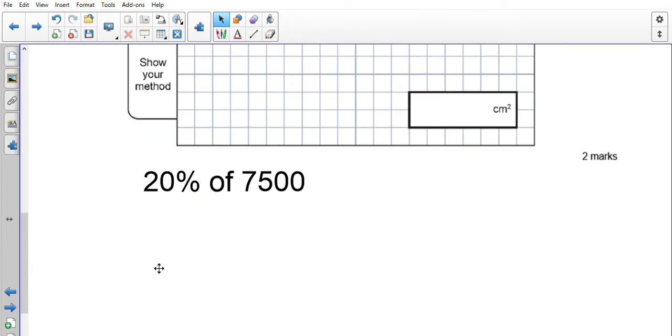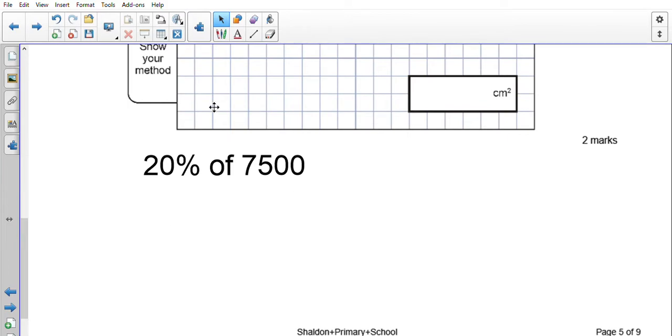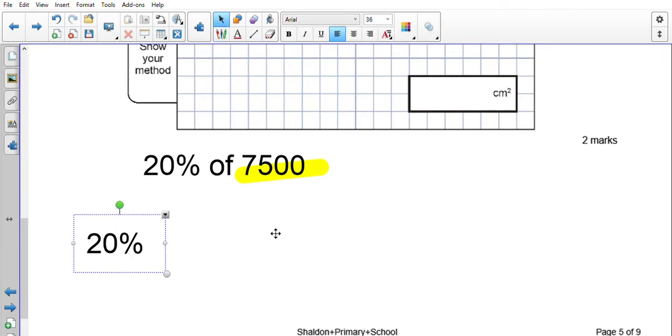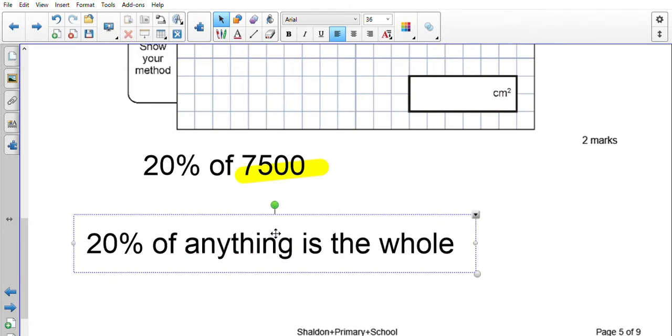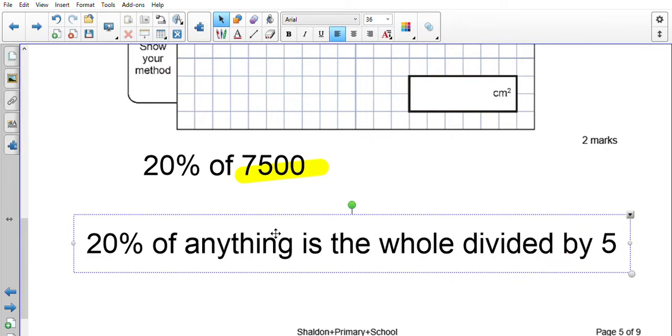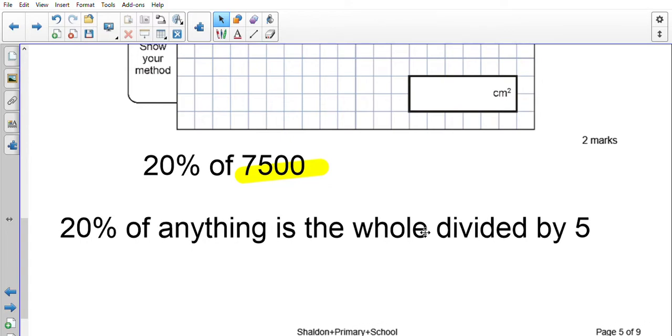Okay. Now, if I have 7,500, that is my 100%. So there's a couple of ways that you can do this. You can either know that 20% of anything is the whole divided by 5, because 100 divided by 5 is 20, so 100% divided by 5 is 20%.